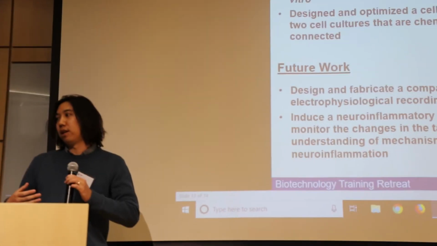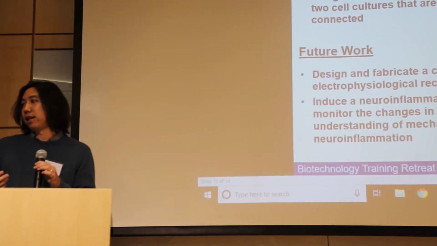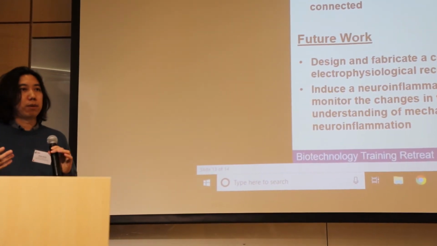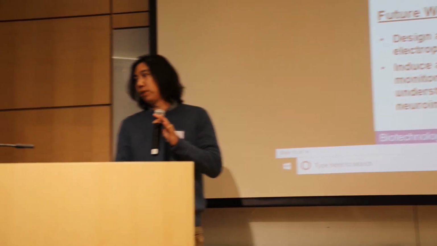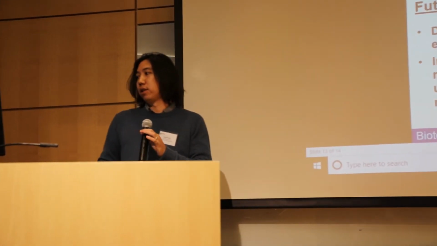And the next steps for my project itself will be to design and fabricate the microelectrode array platform underneath the platform we described, to take electrophysiological recordings. And finally, it'll be to use this new platform to study the actual central objective by inducing a neuroinflammatory response in the source chamber and monitoring the changes in the target chamber to gain a better understanding of the mechanisms underlying neuronal transmission of neuroinflammation.